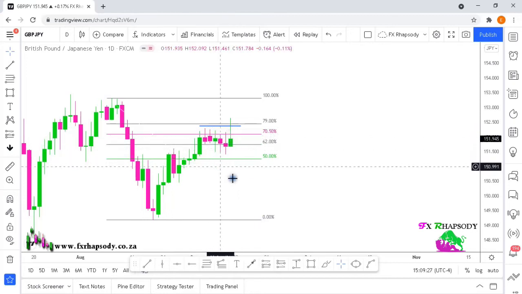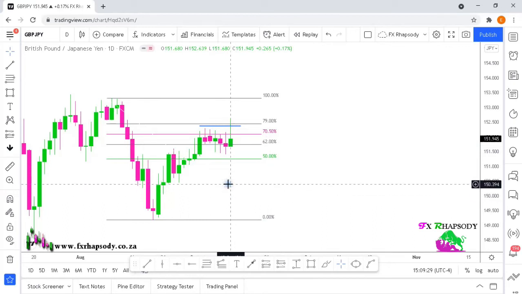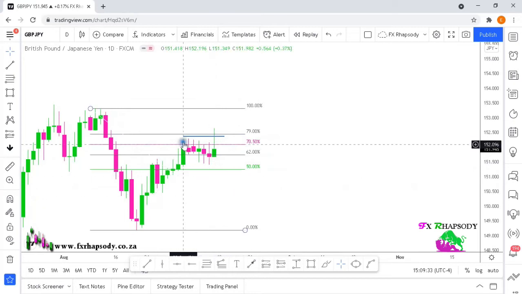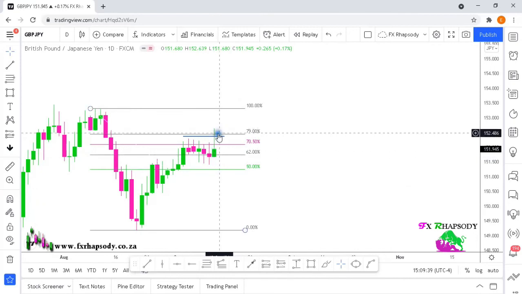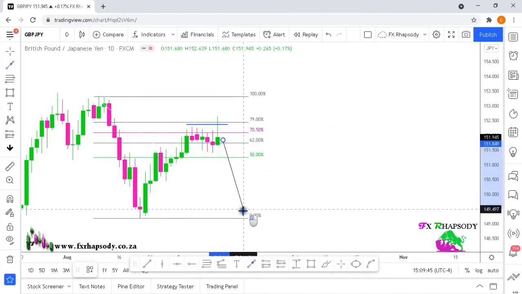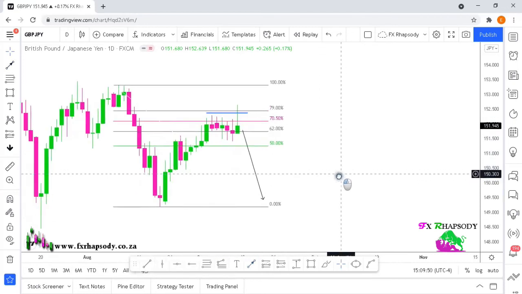So what does price do? Price action, as we know it, hunts liquidity. You have all this liquidity on the top here, and Friday comes, poof, big candle up, takes that liquidity, pulls back, and I'm pretty sure we will be seeing a movement to the downside for this coming week.